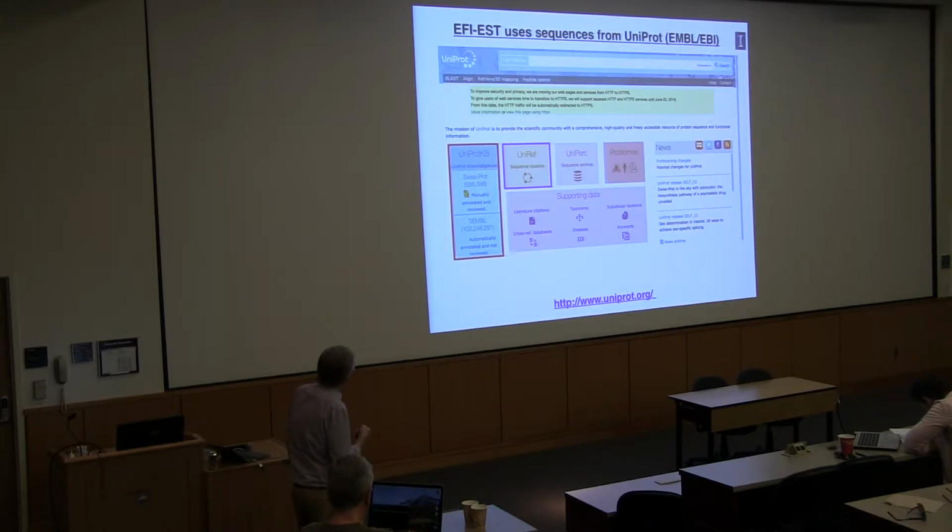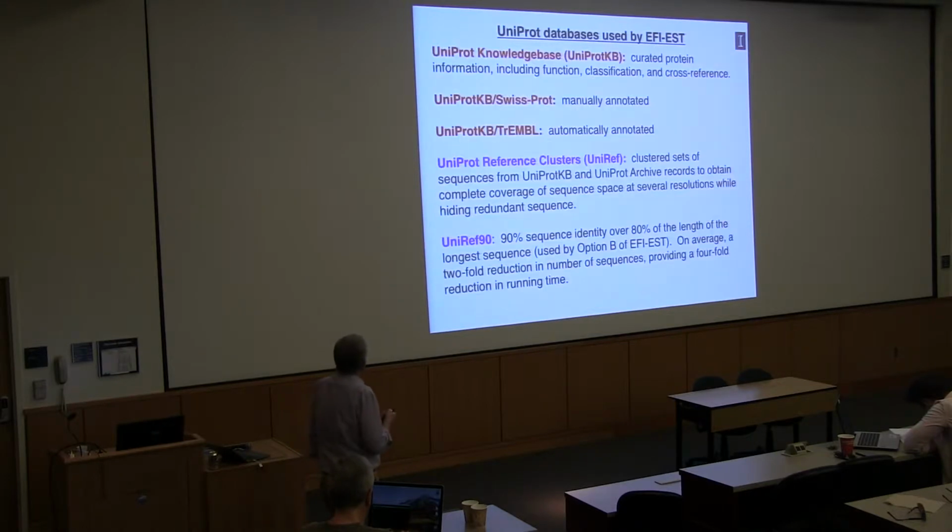Okay, we use sequences from Uniprot. This is supported by EMBL EBI. Uniprot has two types of sequences, as I've already told you. There are Swissprot sequences, which are entries which are manually annotated, and then there are the TrEMBL sequences that are automatically annotated.